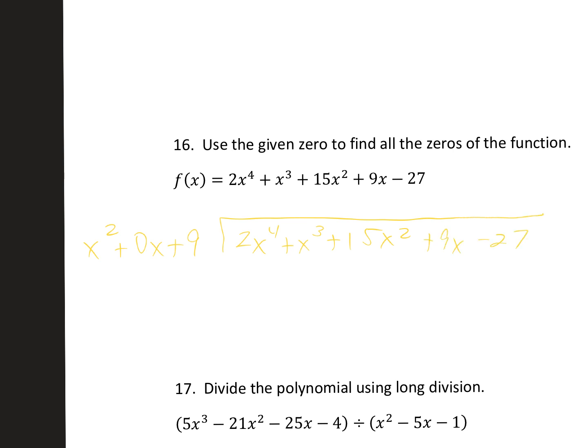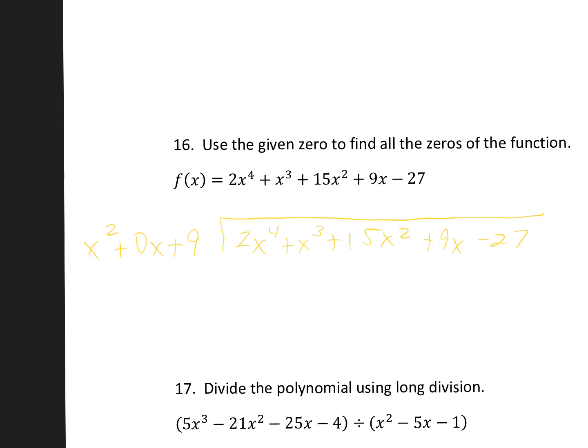Now on your test, if it says use long division, all right, and you can use synthetic division because it's multiple choice, then do that. Just because there is no x value, I just put a 0 as a placeholder.